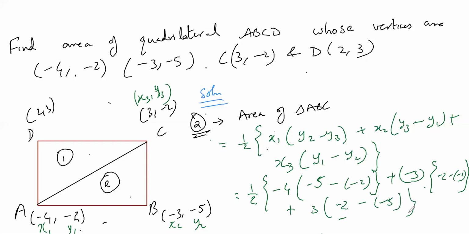I'm just substituting into the formula, that's all. Then after solving, I get half into 12 plus 0 plus 9. 12 plus 9 is 21. So 21 by 2 square units. You should not forget to write square units. Please copy down this thing. Once done, let me know.